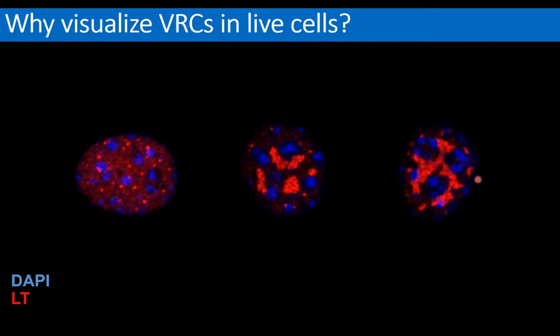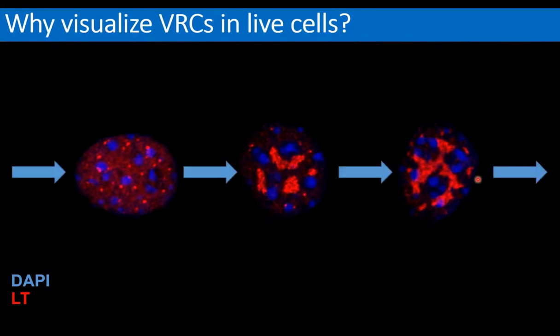To complicate matters, murine polyomavirus infections are not synchronous, meaning that in a population of infected cells, some cells are further along in the infection cycle than others. This makes it really difficult to assess differences in replication centers in fixed cells, whether you're looking at mutant viruses or drug treatments or whatever.